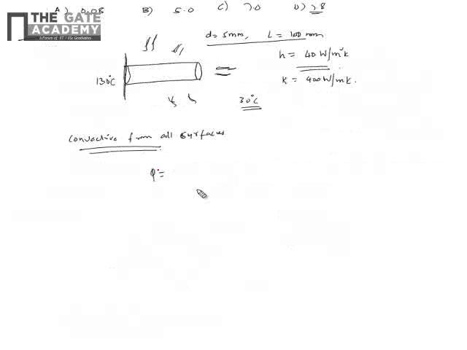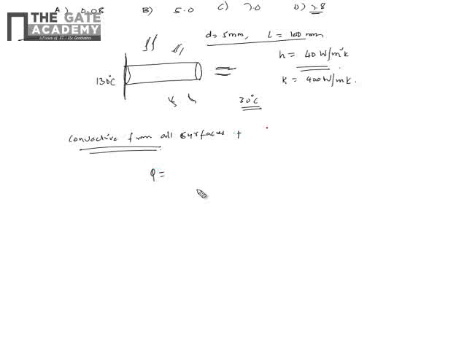There are 3 cases when we derive fin heat loss. One is where we take a long fin, an infinite fin. The other is where we take a fin where the other end is insulated, and a more general case is where there's convection from all the surfaces and the fin is finite. So we'll consider that case.